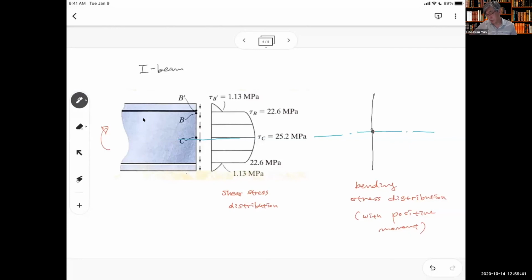So top is what? Under the positive moment, compression, bottom is tension, right? And we're gonna have a maximum bending stress, top and bottom.